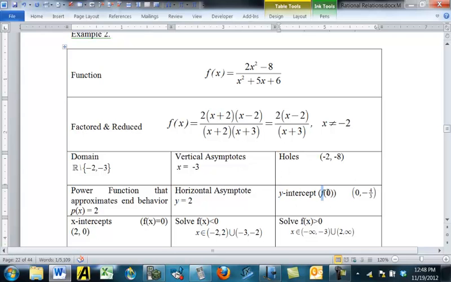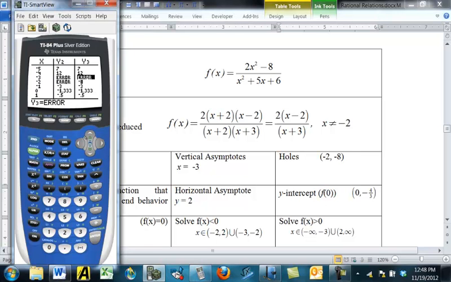Okay, where does it cross the y-axis? Plug in 0 here for x, and you get -8 over 6, which reduces to -4/3. Now you can see some of these things on the calculator again. If you just quit and did y2 of 0, we get that, which we can change into a fraction form, is -4/3.